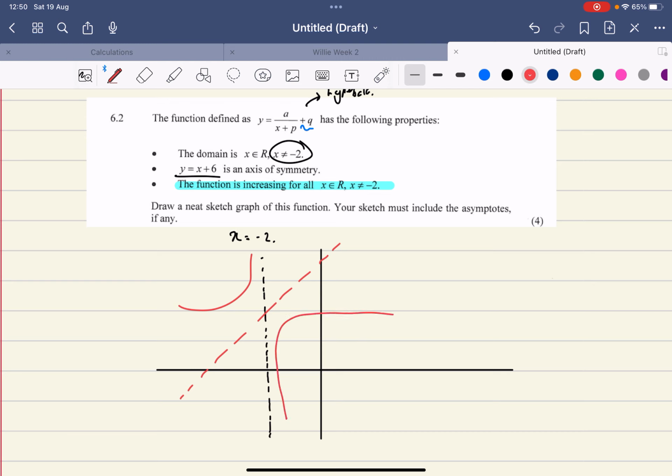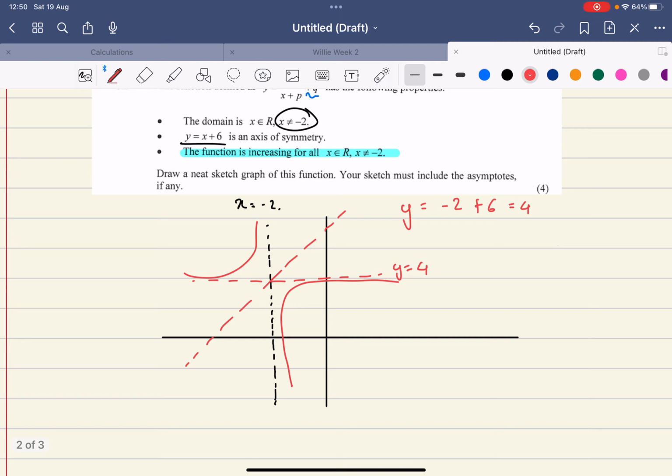And so where we can get our other asymptote from is by plugging in x is equal to -2 into this function. So that y is equal to -2 plus 6, which is equal to 4. So then y is equal to 4 as our other asymptote. Okay. So what did I do?